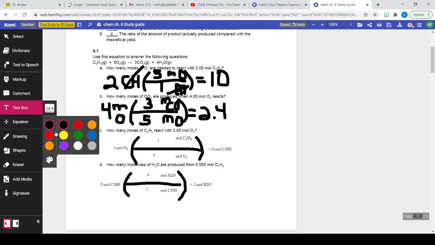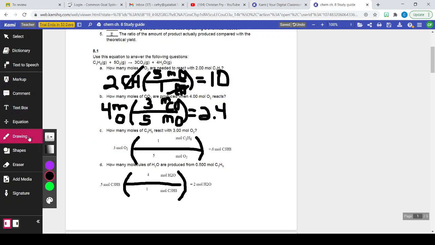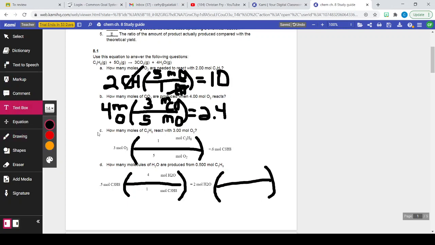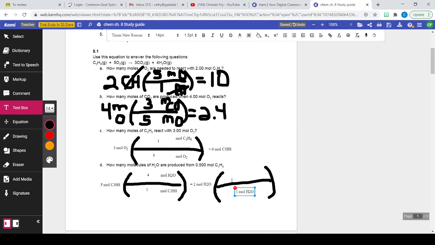All right, now if we truly were finding molecules, I'm going to do this. Like I said, you will not see anything like this on the test. We would just stop here. But since this said molecules, if we were truly finding molecules, I would put 1 mole of H2O on top.